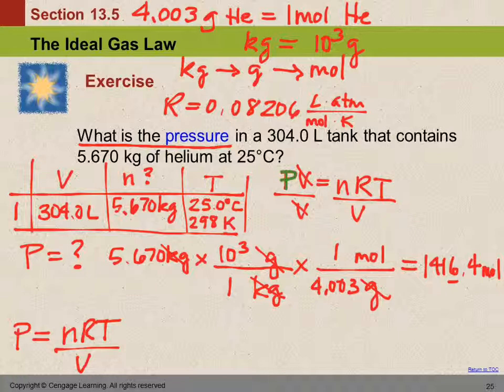It's kind of off the screen, sorry about that. So that is n. I'm going to write that in here. You don't have to do this, but 1416.4 moles. Now we have n with the correct unit. We've got the correct units on all of our quantities, so now we're ready to put these numbers into the equation.